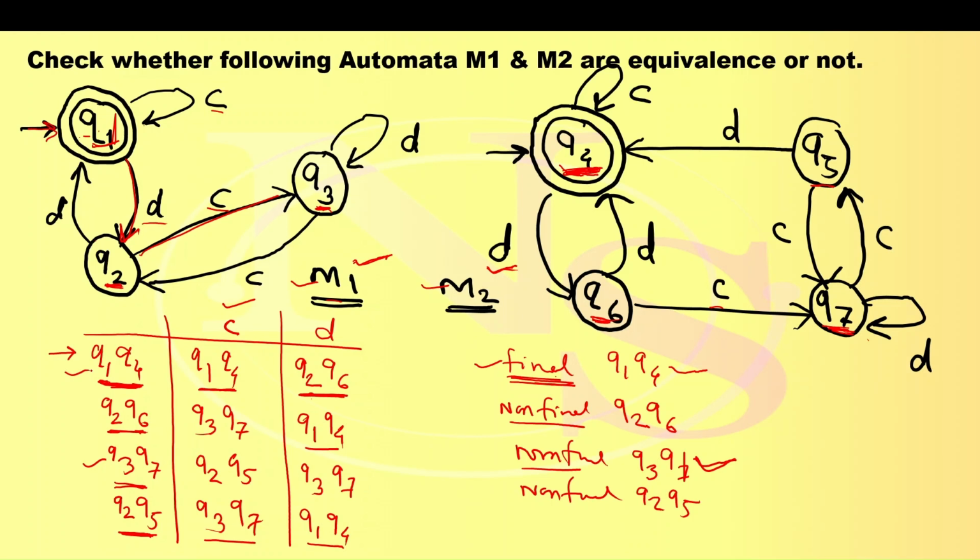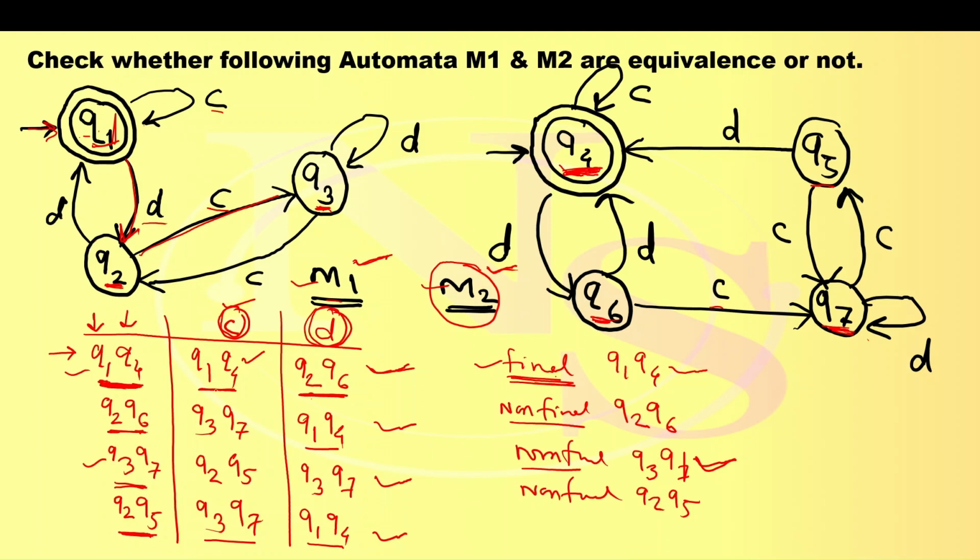So no new set of states remains, and all these four rows are following the same behavior. On reading C or D, either both go to final states or both go to non-final states. Q1, Q2, Q3 are the M1 states and Q4, Q6, Q7 are the M2 states. On the same input, the states of M1 and M2 follow the same behavior.